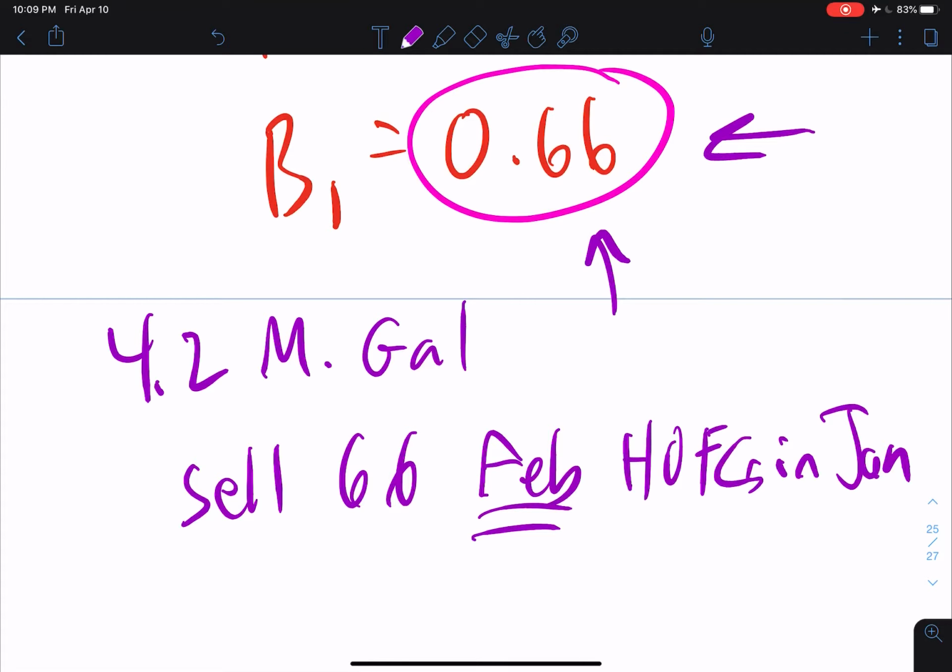And then on the last trading day for the February contract, he will roll these 66 February contracts into 66 March contracts.